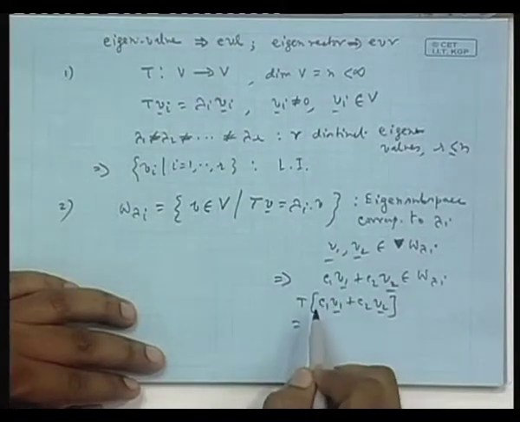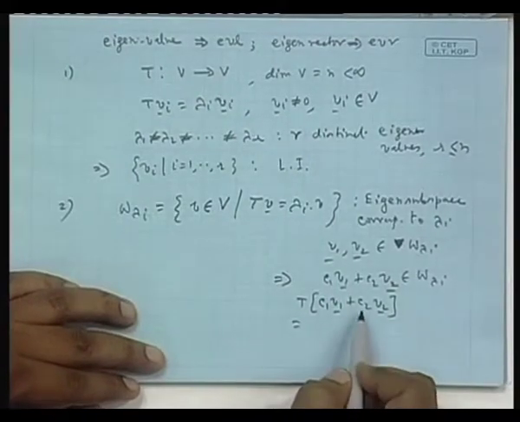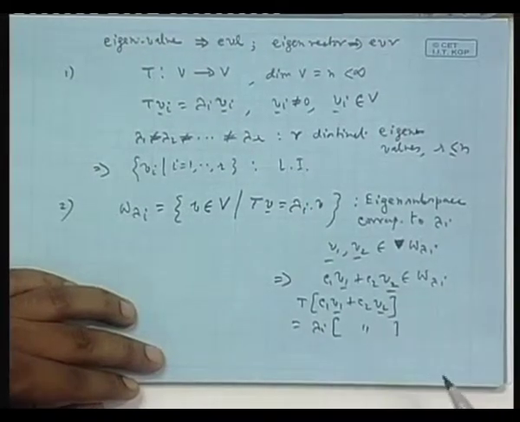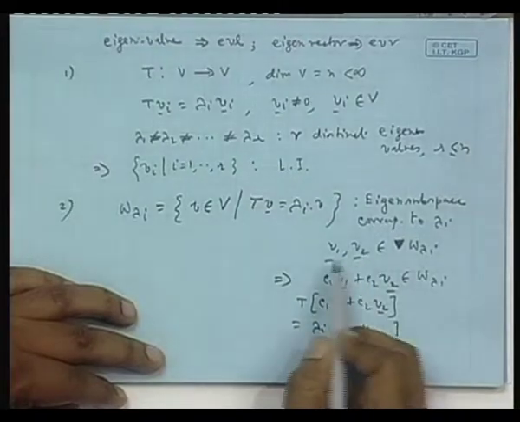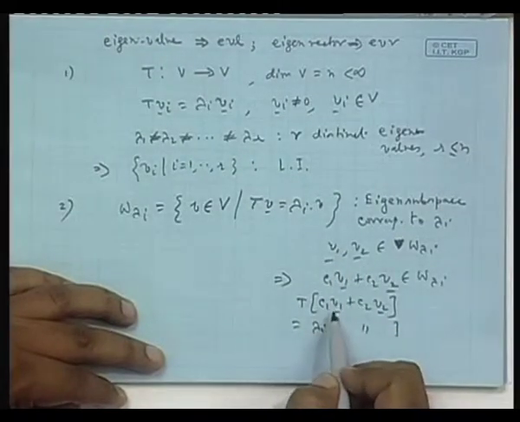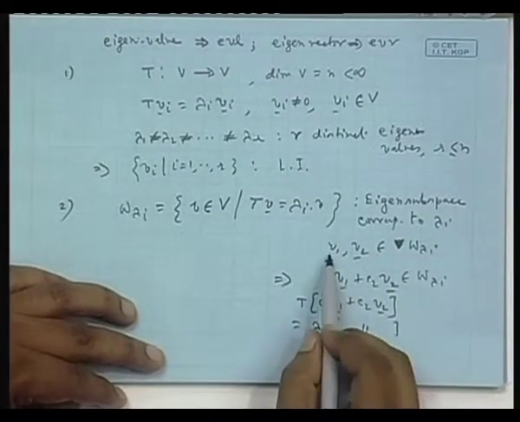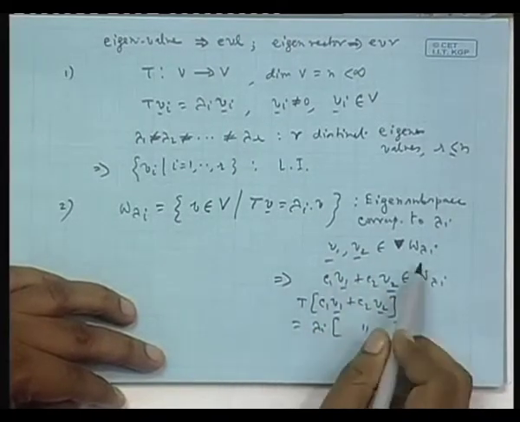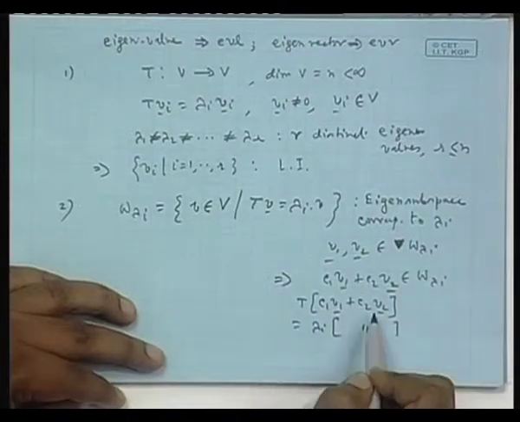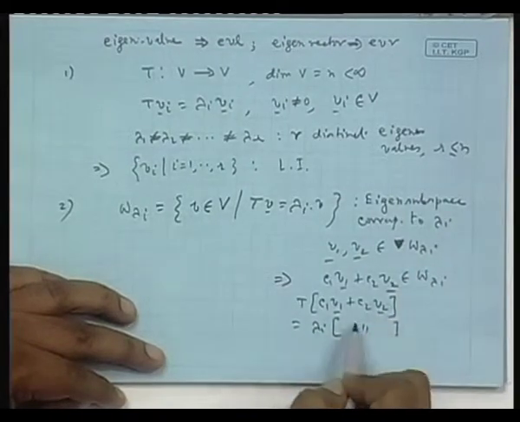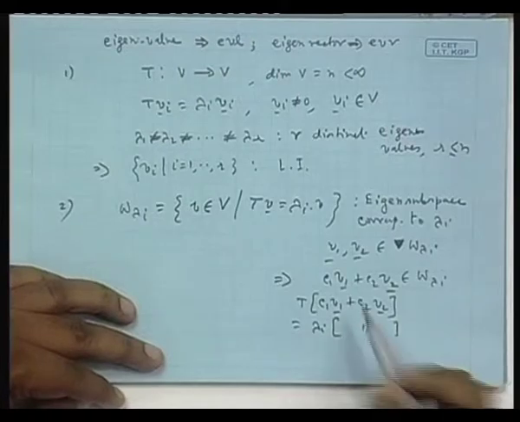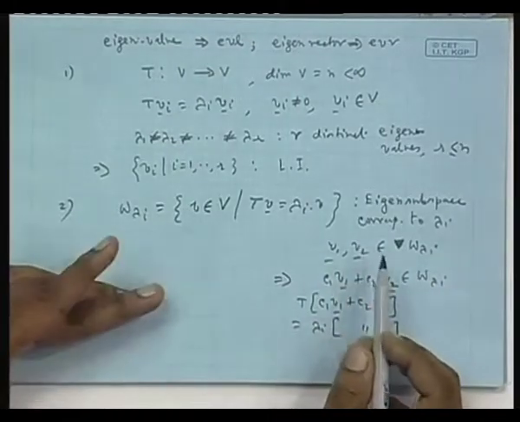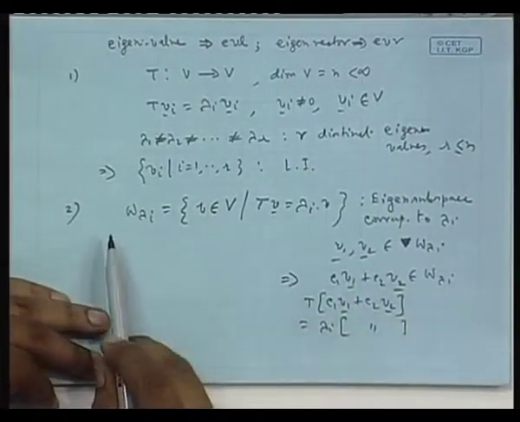T V1 is lambda_i V1, T V2 is lambda_i V2. So, you can take lambda_i common and you get back the same vector itself, just multiplied by the same eigenvalue lambda_i. Therefore, if V1 and V2 are members of W_lambda_i, any linear combination of them also is a member of W_lambda_i, which shows that this is an eigen subspace.